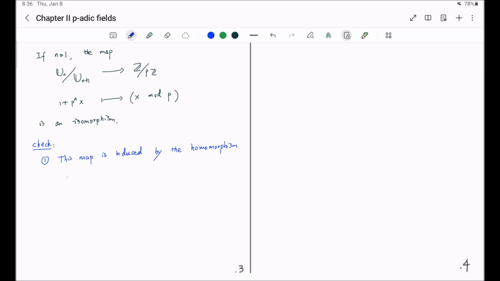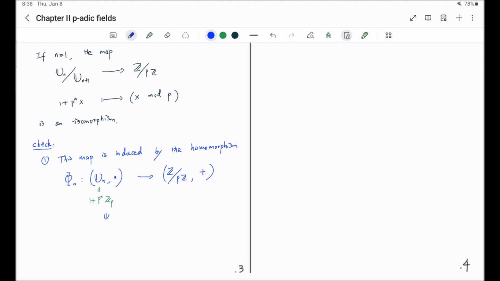Consider the homomorphism denoted by capital phi sub n, from U sub n, the multiplicative subgroup, to the additive group Z mod pZ, by sending an element here, remember by the definition of U sub n is 1 plus p^n Z_p.